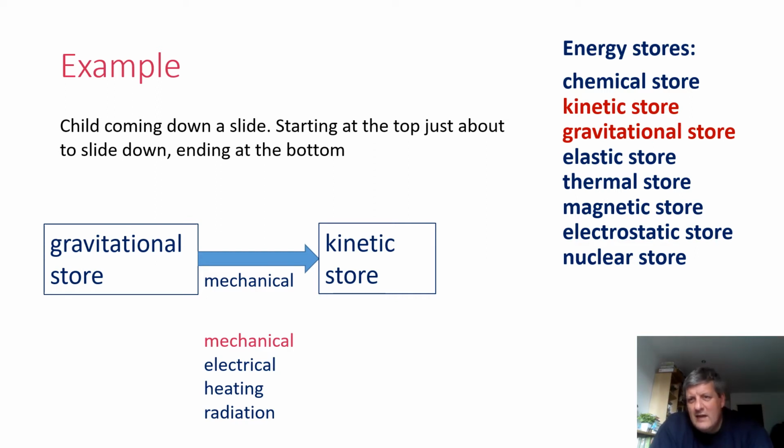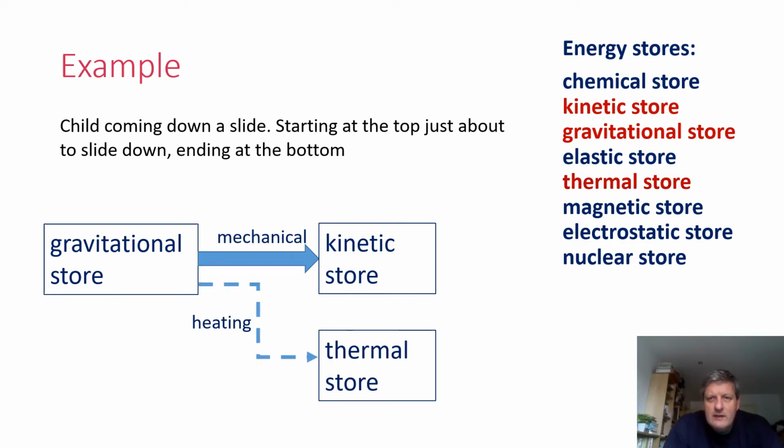As she slides down, there's a shift of energy from gravitational store into kinetic store as she gains speed, and the explanation for this transfer is there is a force pulling the child down the slope. It's a component of the force of gravity, and we can label the pathway as a mechanical pathway.